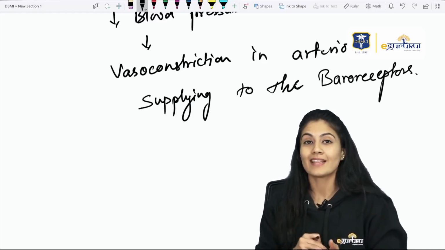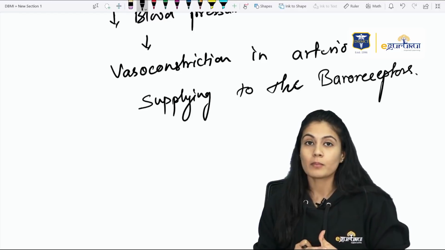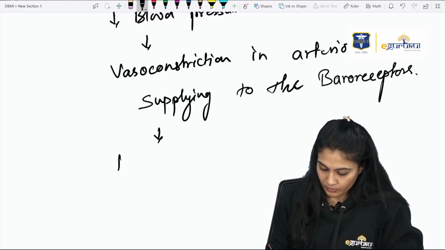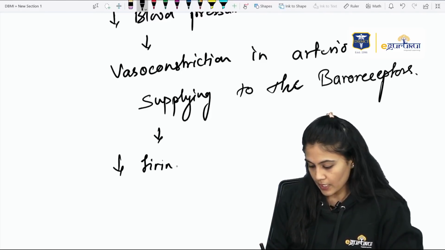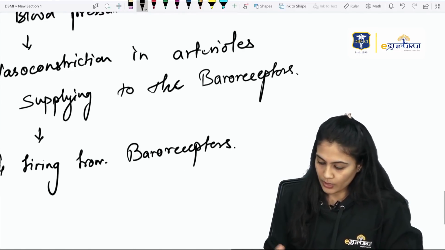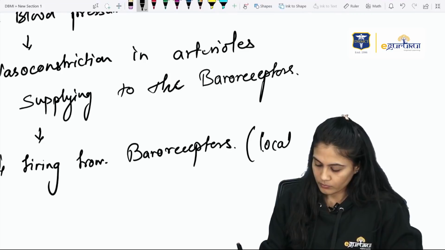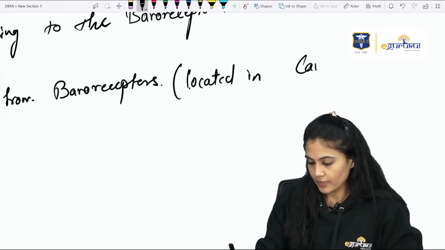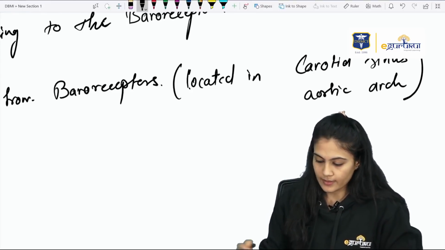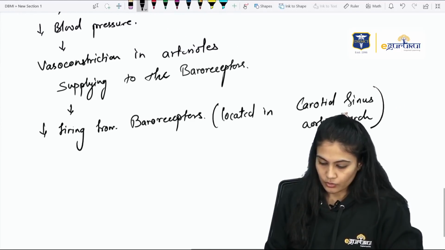Obviously, there is less blood supply, which means the blood pressure is reduced, and that's why they decrease the firing rate. So there will be a decrease in the firing from the baroreceptors, right, which are located in the carotid sinus and aortic arch.